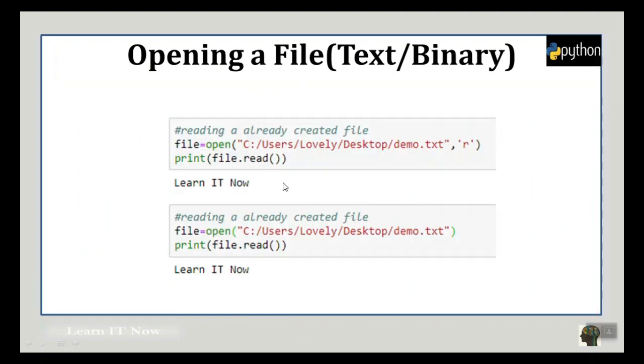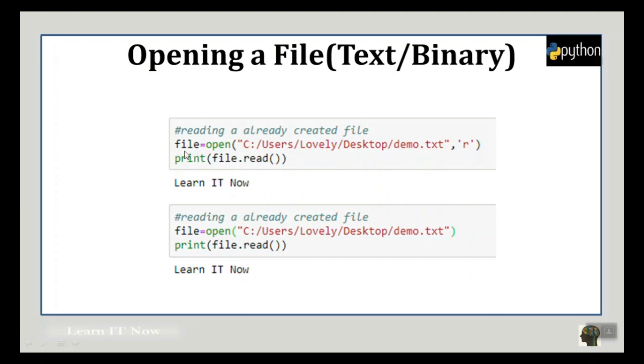Now, if you want to read an already created file, what we need to do? We need to write file equals to. So this file is a variable. You can write anything, F, fill, in, out, anything. So file equals to open, and then you need to give the absolute path of the file, right? Comma, in read mode. And then you will write file dot read.